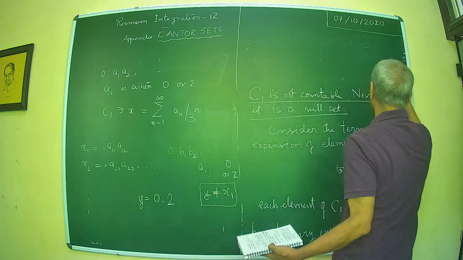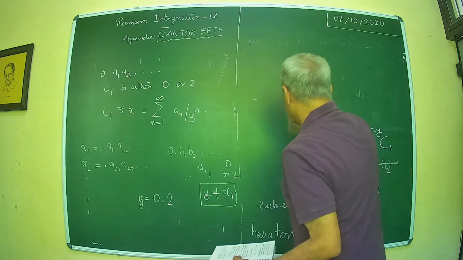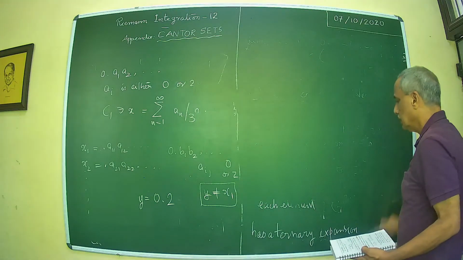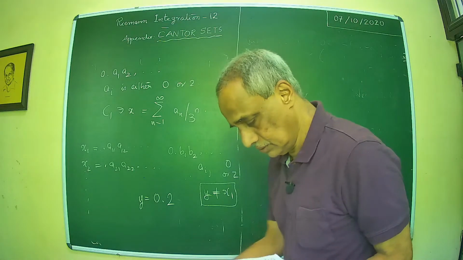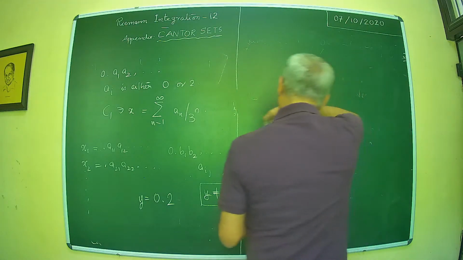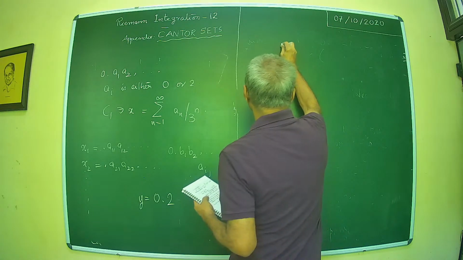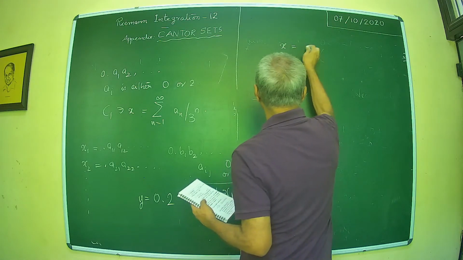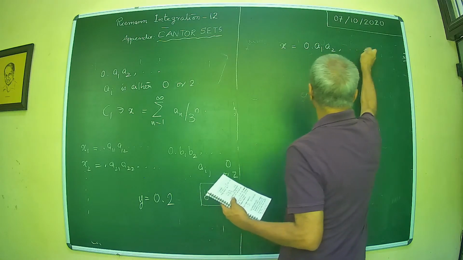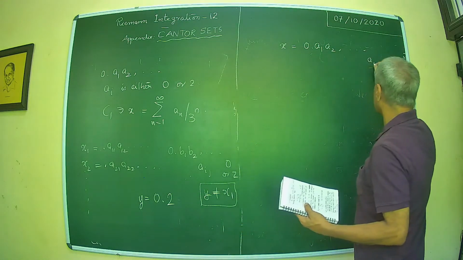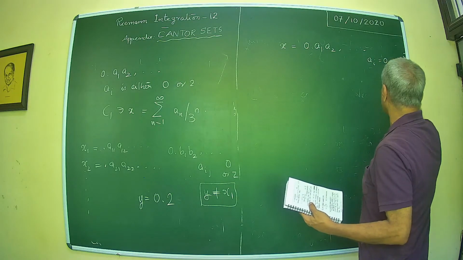And there is another way of seeing the whole thing. You have x listed as 0.a1 a2 etc., where each ai is 0 or 2.